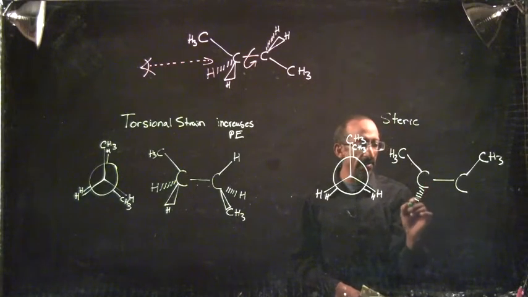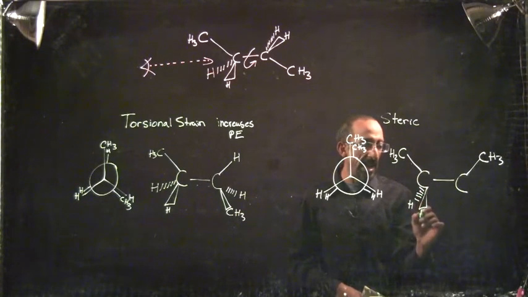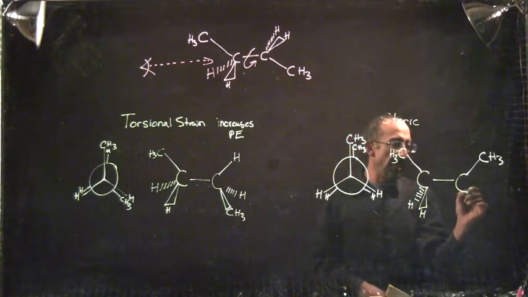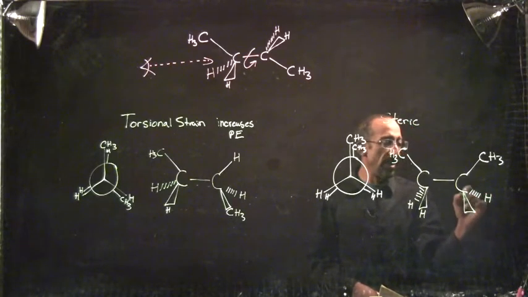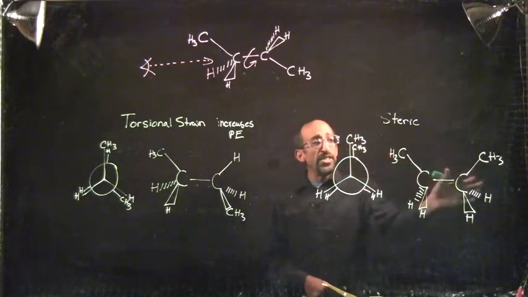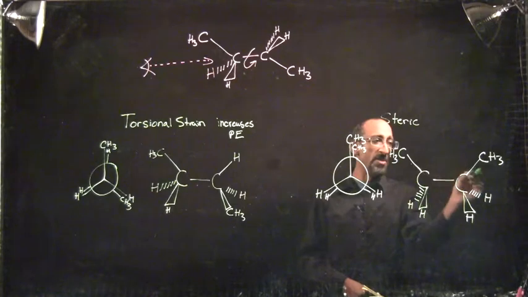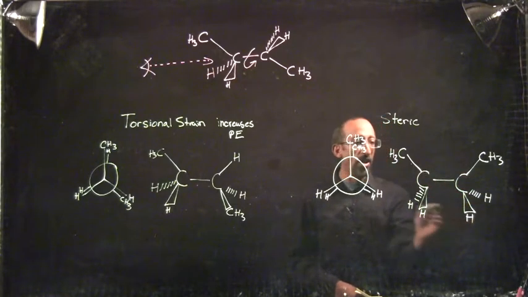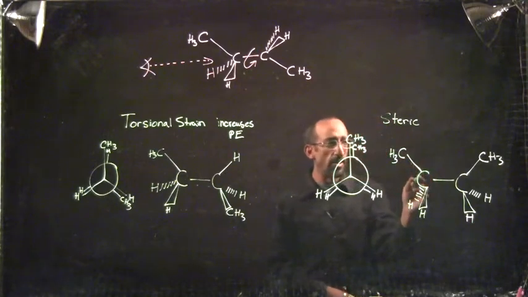And again, we have a hydrogen coming behind the board towards me, one coming out of the board towards you, and similarly here, one coming behind the board towards me, and one coming out of the board towards you. So in addition to the torsional strain in this conformation, because both of these carbon-carbon bonds are aligned and all of the carbon-hydrogen bonds are aligned, we have a new factor to consider.